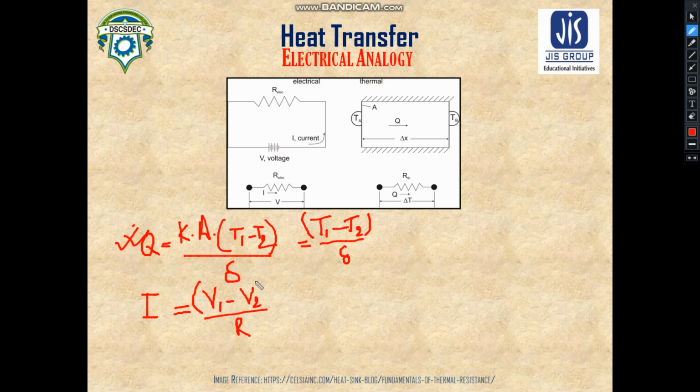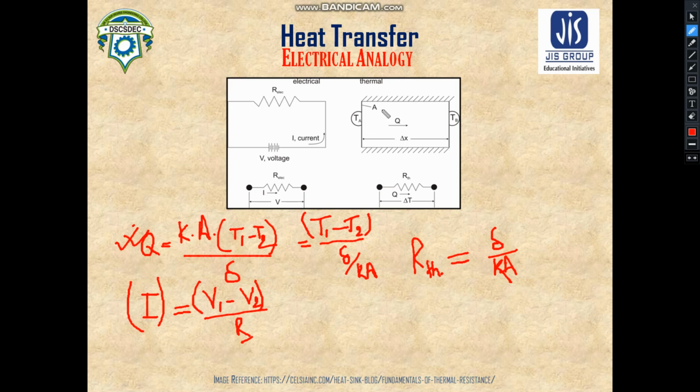Here this voltage difference is the reason why electricity flows. Then you can obviously understand that this resistance will be equated to this resistance. So you can write R equal to delta by Ka. Now this R is defined as thermal resistance. Okay, so this is the electrical analogy which we would like to mention.